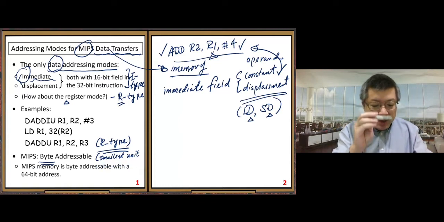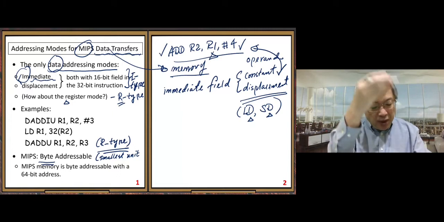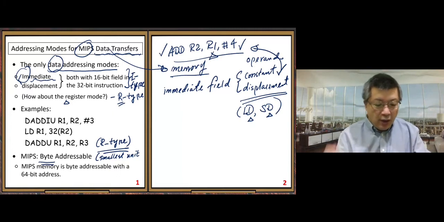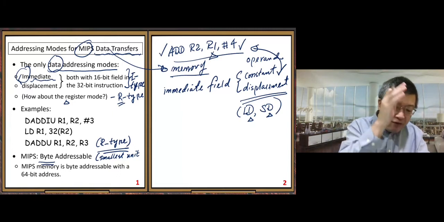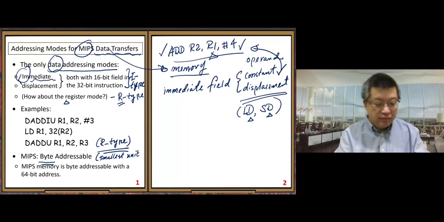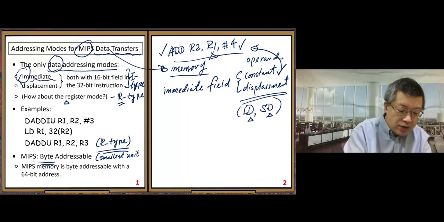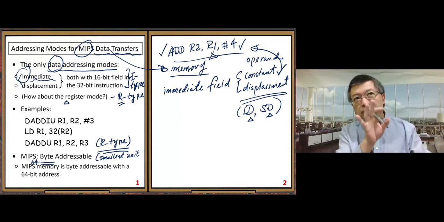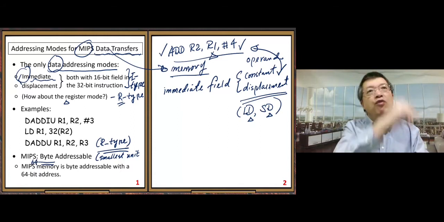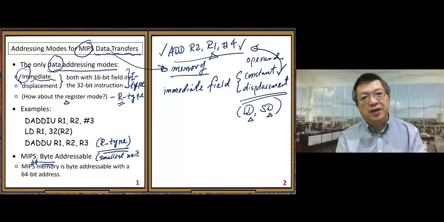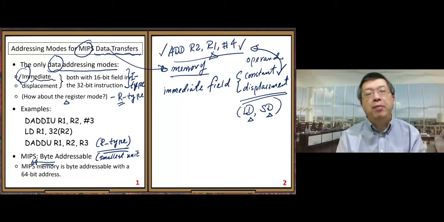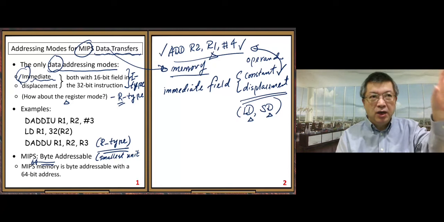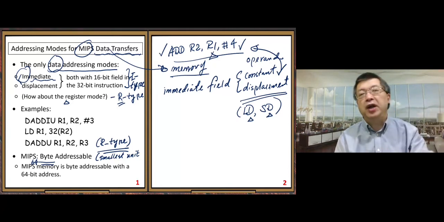MIPS memory is byte addressable, with a 64-bit address. Here we are talking about MIPS64. If we do not use that number, by default we mean MIPS64, because that's the most popular, currently used MIPS architecture.